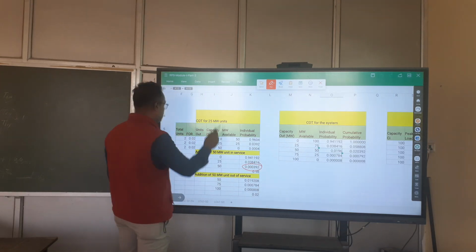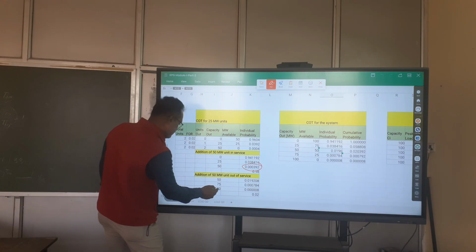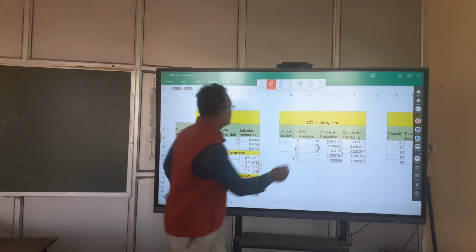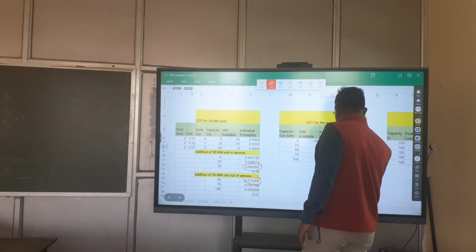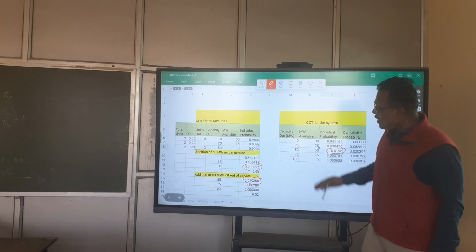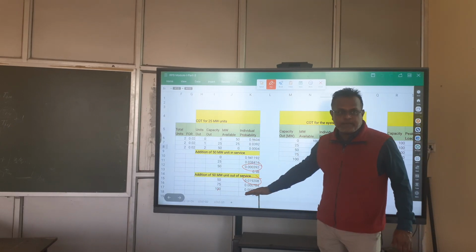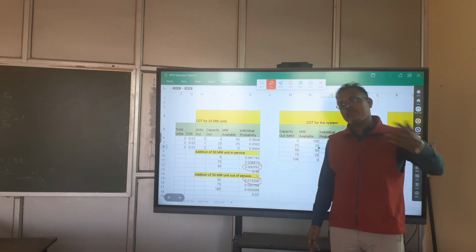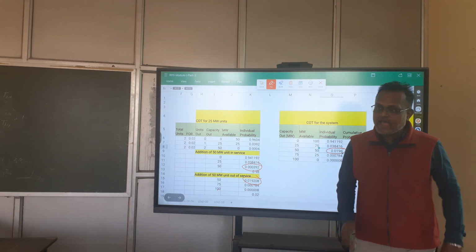Then K15 is this. So this is the summation of K12 and K15. Because there are two states, we add it up. So either this happens or this happens. Both cannot happen. You cannot say that 50 megawatt is also out of service and also in service. Not possible. So either this or this.